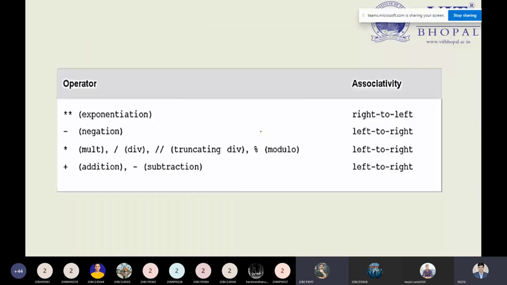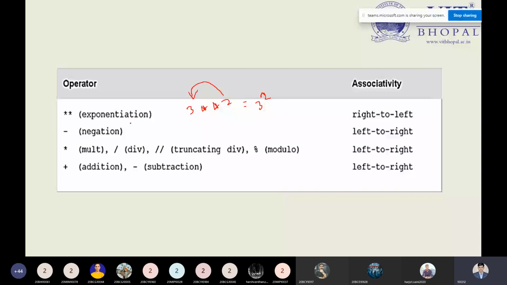Now see, that was what I was coming to. Exponential will be read from right to left. An example can be 3 exponential 3 exponential 2. It will be written as 3 to the power 3 to the power 2, and it will be read from right to left.